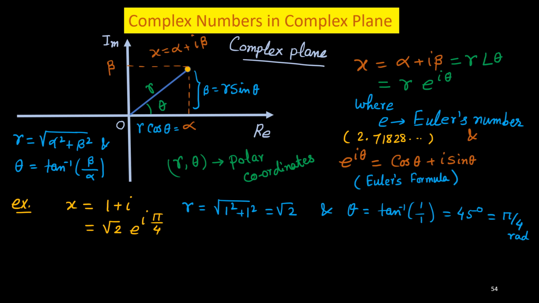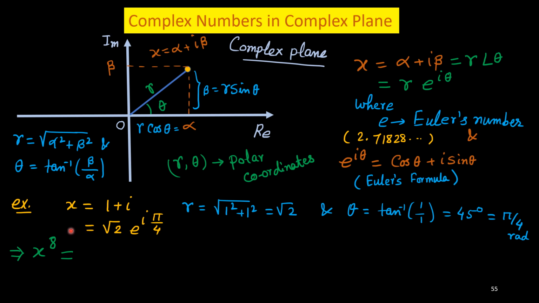Right. Now if I want to compute x to the power 8, then 8 times you need to multiply 1 plus I. It is a laborious thing. But if I use this polar coordinate form, then it's very easy to compute.